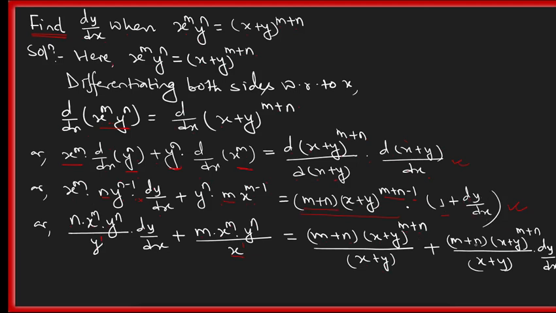You can write the same pattern, m plus n, x plus y to the power m plus n over x plus y to the power 1, into dy by dx.